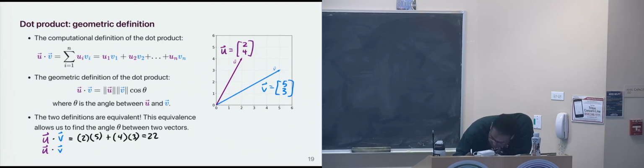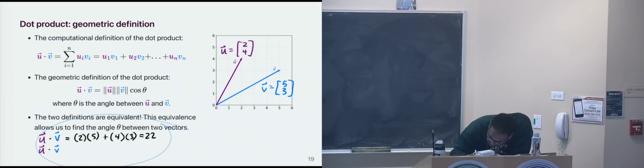We can find their dot product in two ways. One way is by doing 2 times 5 plus 4 times 3, which is 22, as I've already seen.